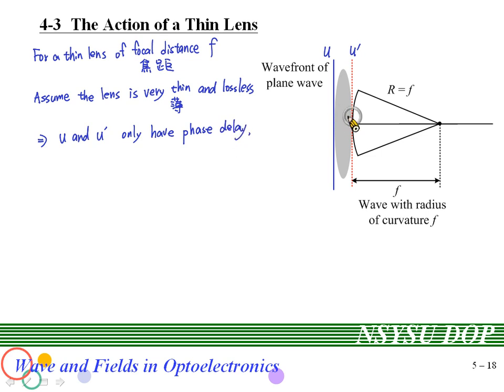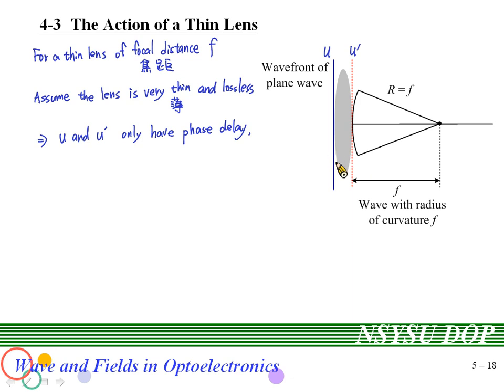Because the lens is very thin and lossless, the amplitude will not be changed, but it will have a phase difference. What will be the phase difference between u prime and u? That is, what will be the phase delay in u prime compared to u?